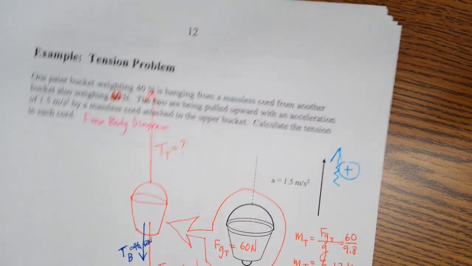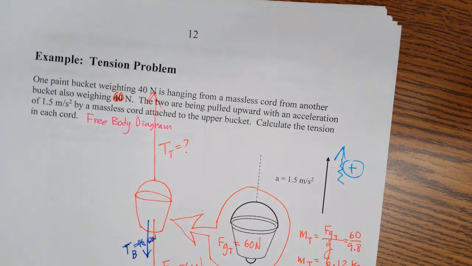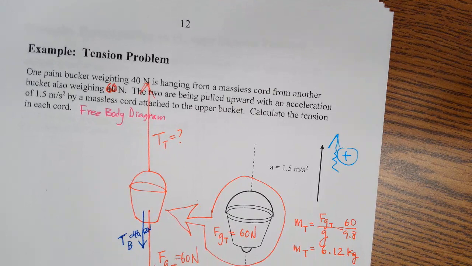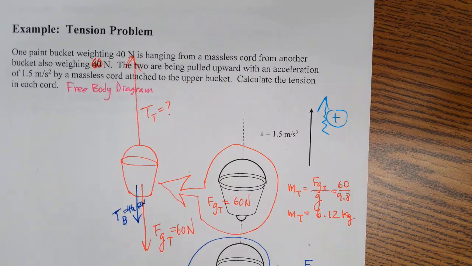Those 3 forces are it. Somebody's going to ask me, but Mr. Kim, what about the weight of the bottom bucket? Are you just throwing that out? And I'm saying no, because the weight of the bottom bucket is already built into this tension bottom.